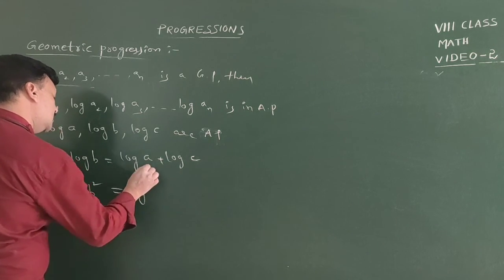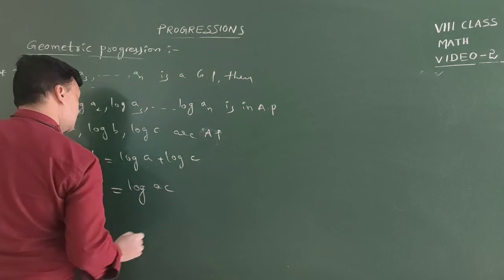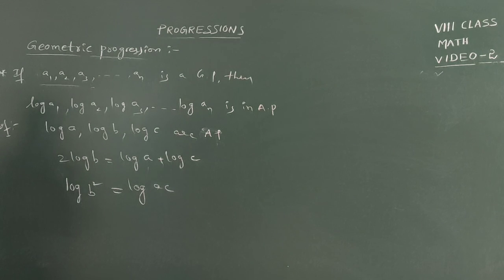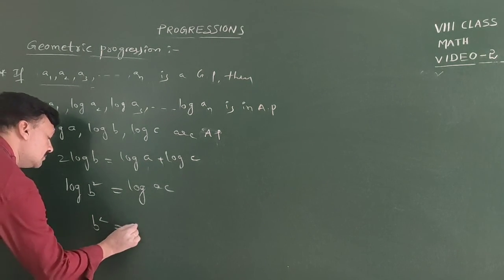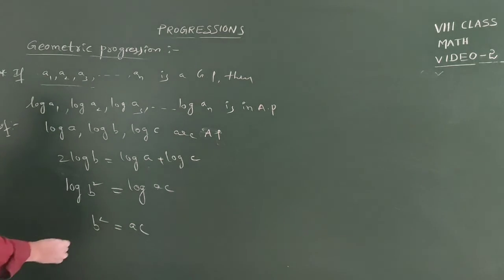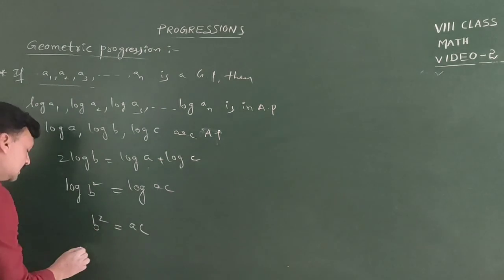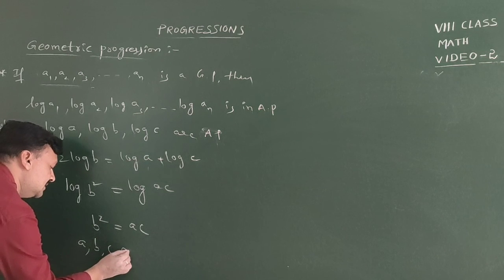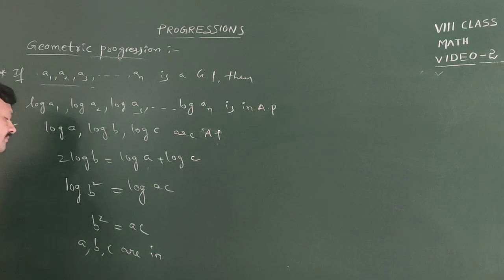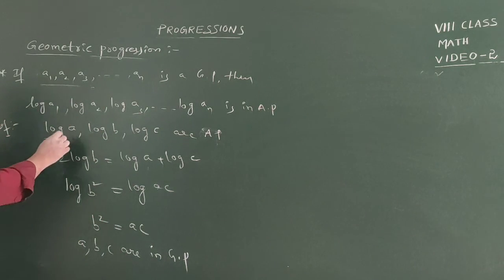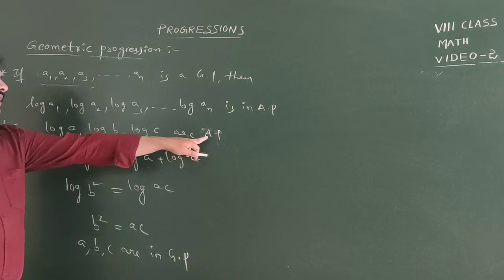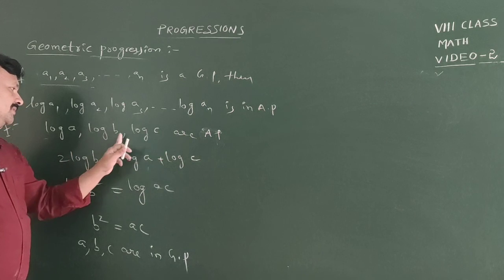Here, by using the first logarithmic law, log AC. By applying anti-logarithm on both sides, we will get B squared equals AC. If B squared equals AC, then A, B, C are in GP. If log A, log B, log C are in AP, then A, B, C are in GP.